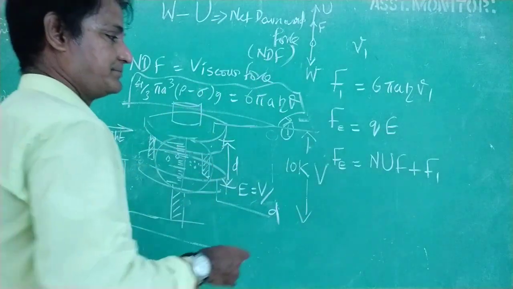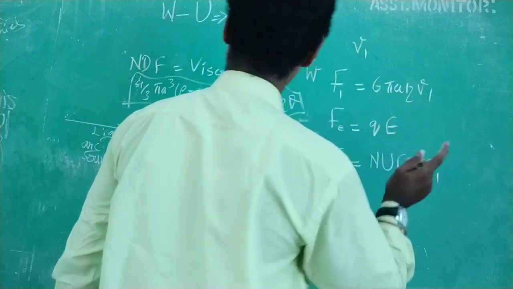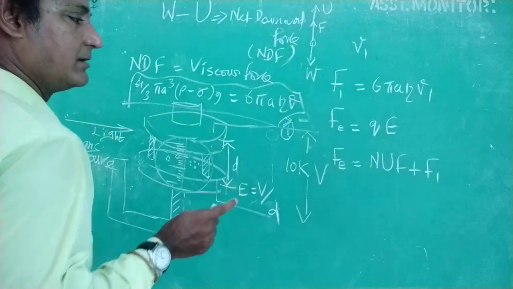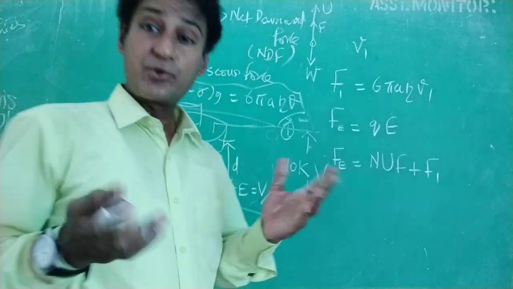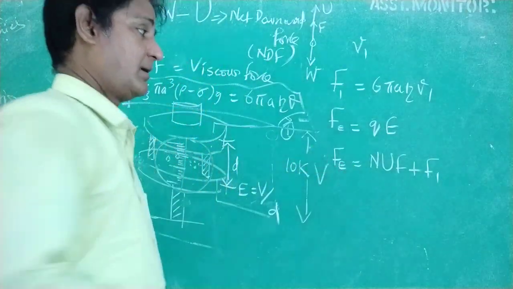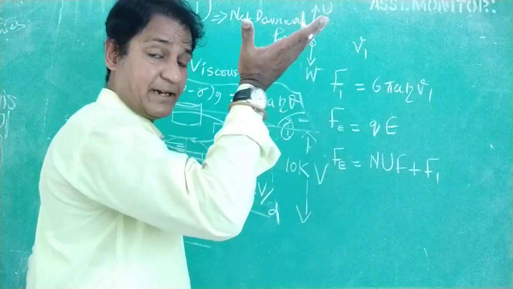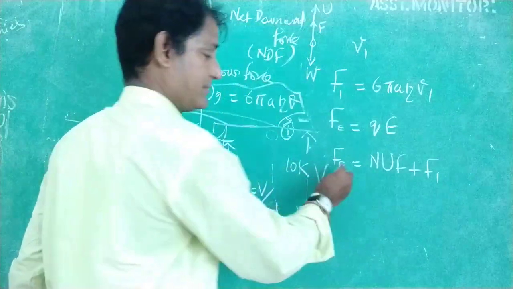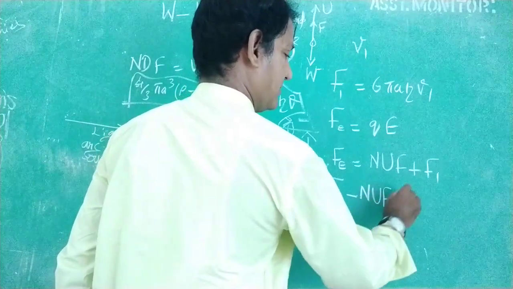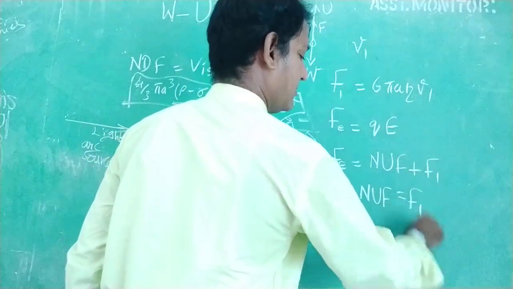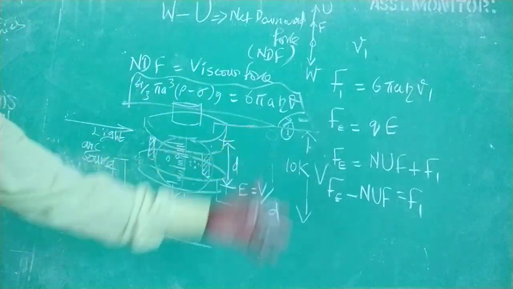Since the net downward force is acting against the electric force, I can also write this as: the force due to the electric field minus the net downward force is equal to F1.